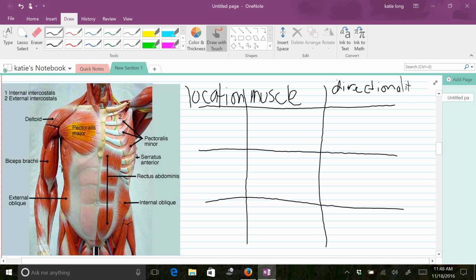Okay, so directionality of your fibers. We're referring to muscle fibers, of course. The most superficial is going to be your external oblique.